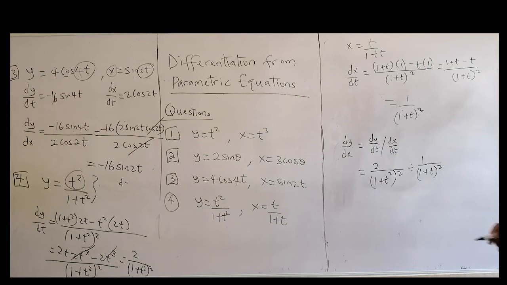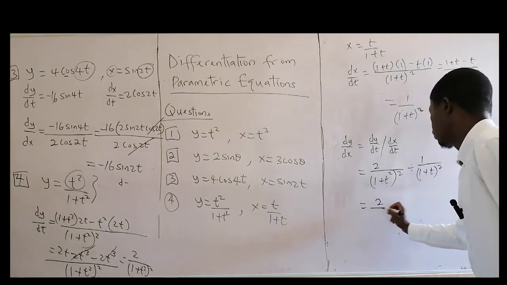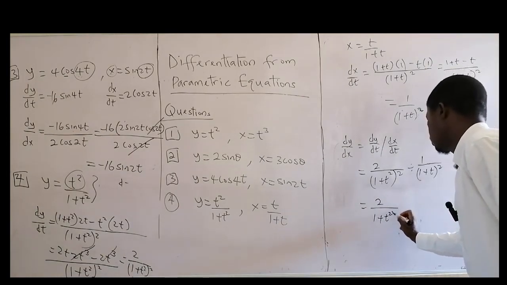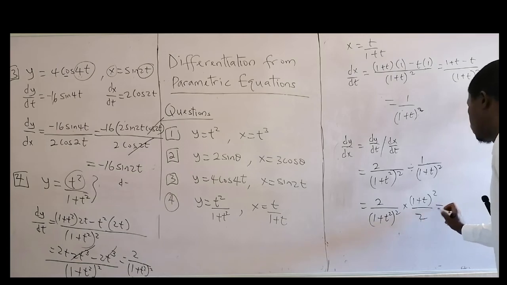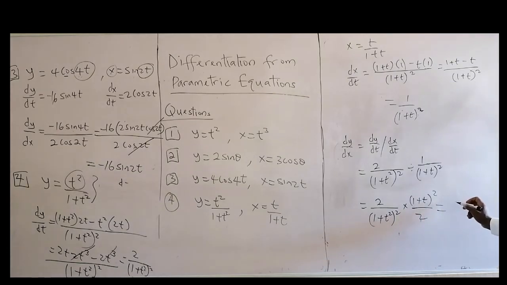Okay, so that will be equal to 2 into bracket... times (1 plus t) power 2 all over... What am I doing? Yeah, this is division, 1 over this. So the answer is 2 into bracket (1 plus t) squared over (1 plus t squared) squared. So that's that one.